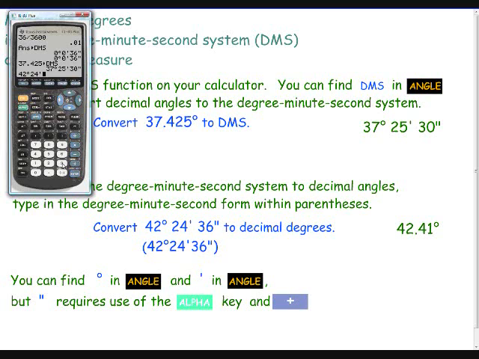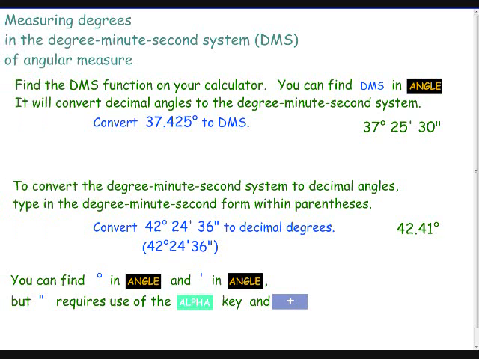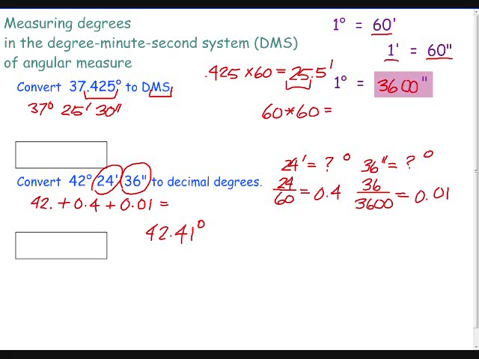And finally, 36. This one we're not going to find in angle. We're going to use our alpha key and the plus key. Right here. Okay, enter. So there's a way to use your calculator to get these answers that we just did by hand.